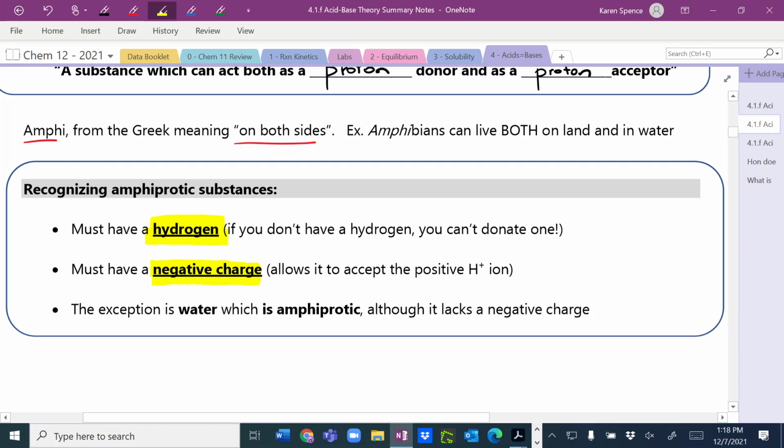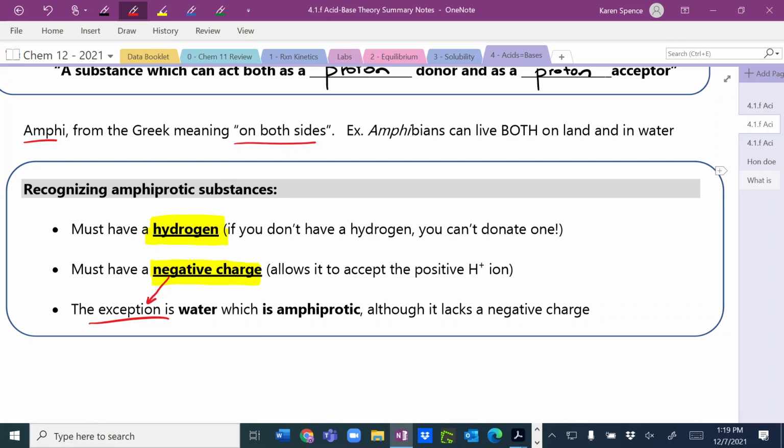That negative charge allows them to accept that positive hydrogen ion. There is a notable exception to that second rule, and that exception is water. Water is amphiprotic, and it can either accept or donate a proton depending on what it needs to do, even though it lacks a negative charge. But most of the time you will have both a hydrogen and a negative charge, and it will be amphiprotic.